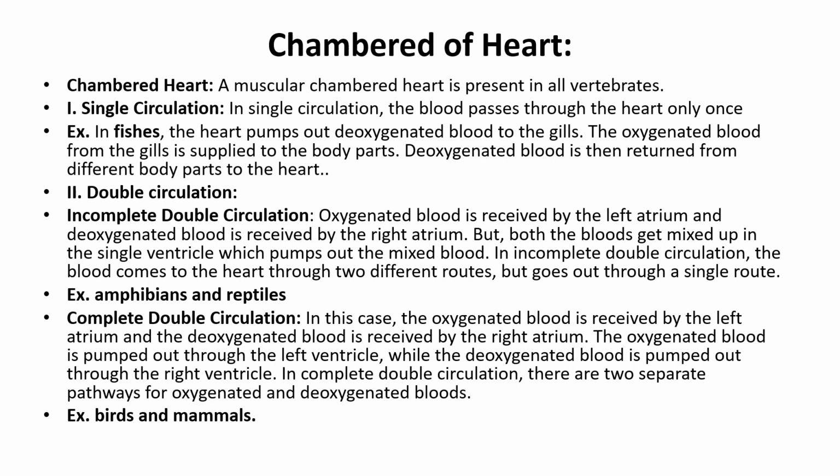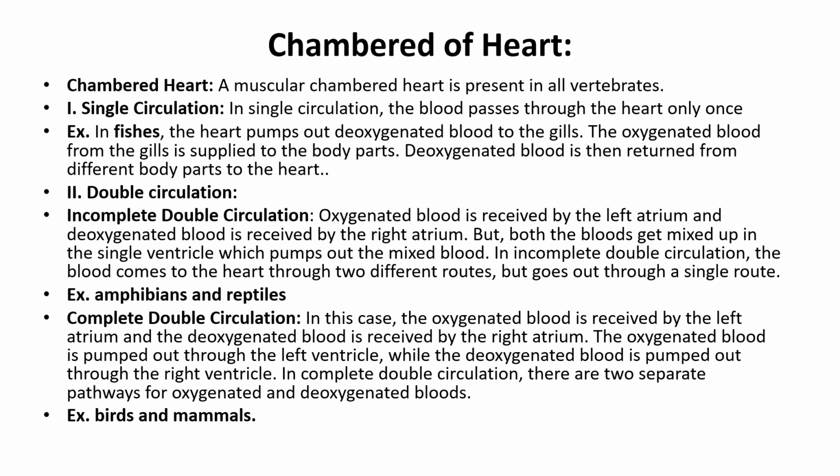Then in double circulation, first is incomplete double circulation. Oxygenated blood is received by the left atrium and deoxygenated blood is received by the right atrium, but both bloods get mixed in the single ventricle, which pumps out the mixed blood. In incomplete double circulation, the blood comes to the heart through two different routes but goes out through a single route, so it is called incomplete double circulation.